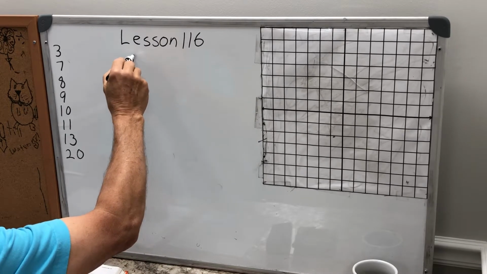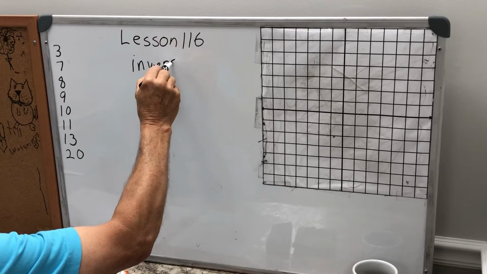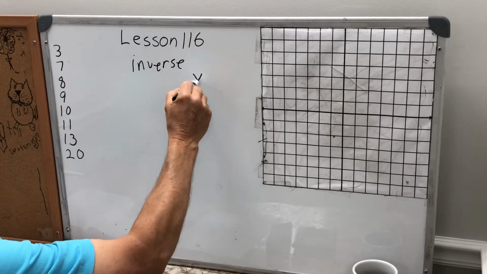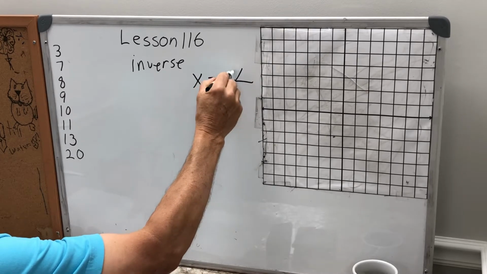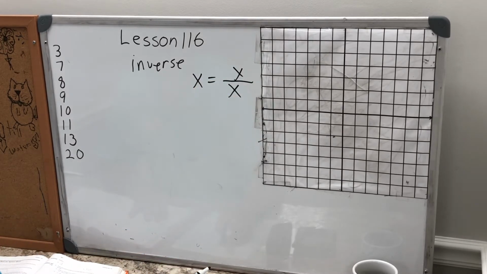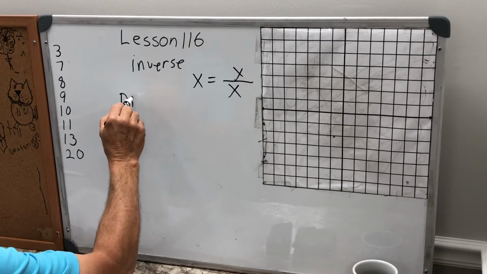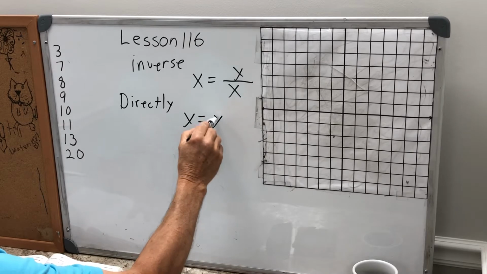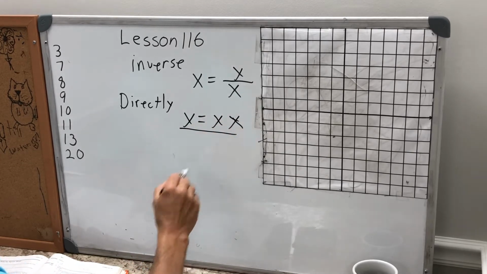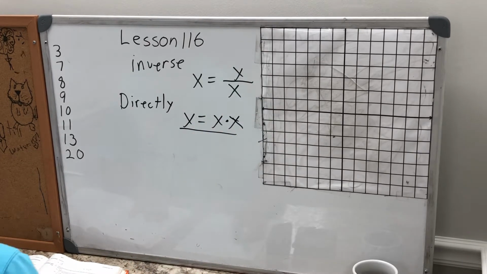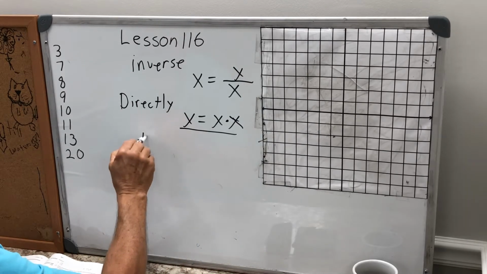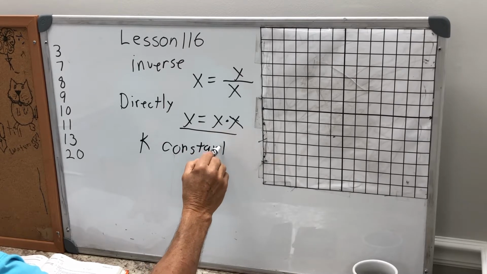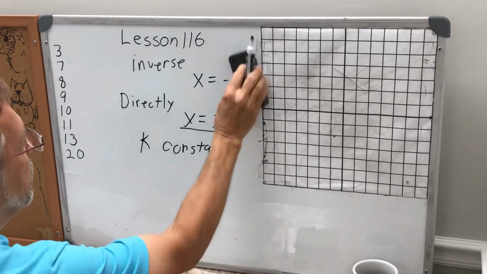We either have an inverse problem, which is solved with an x equals somewhat like a fraction, or a direct problem, which is direct in line, and this is always multiplication. Those are the two types, and also remember the k. The k is the constant that never changes.